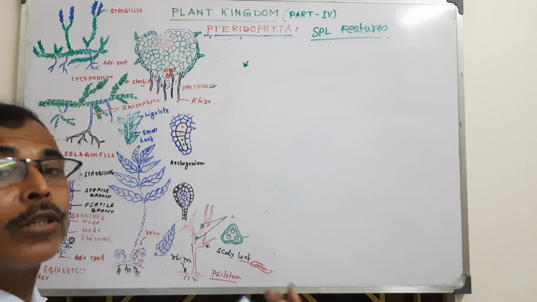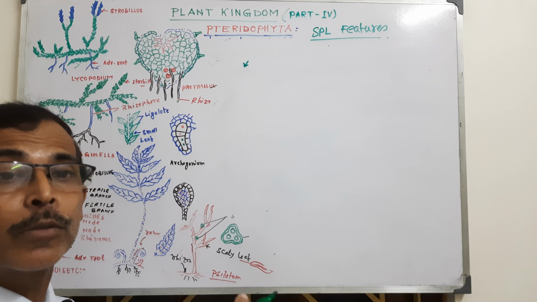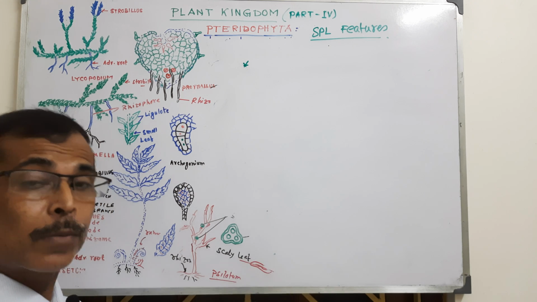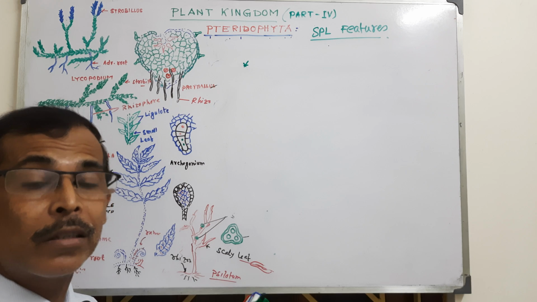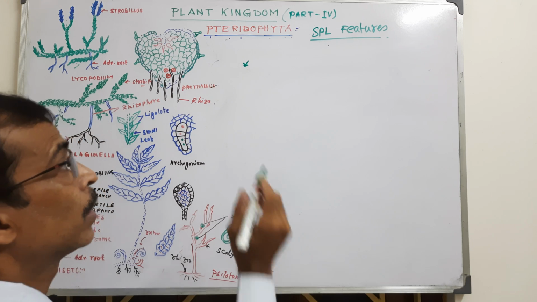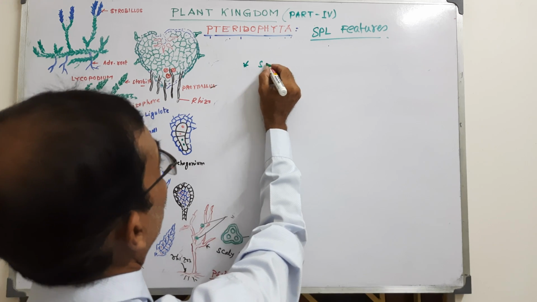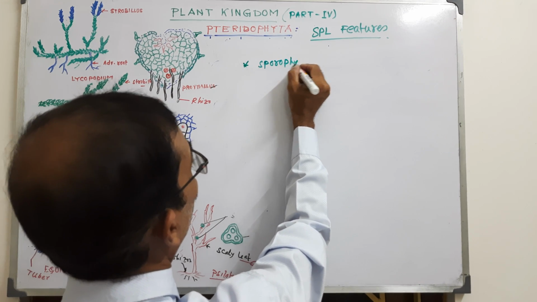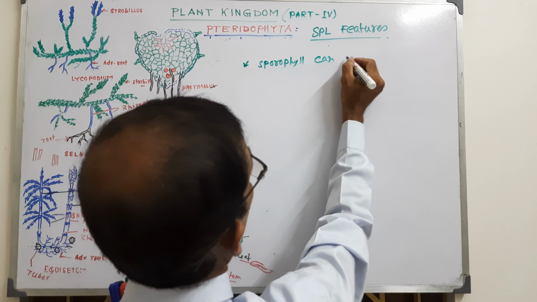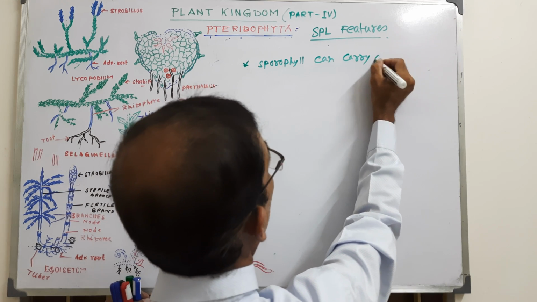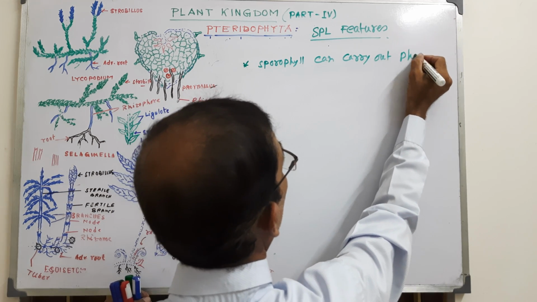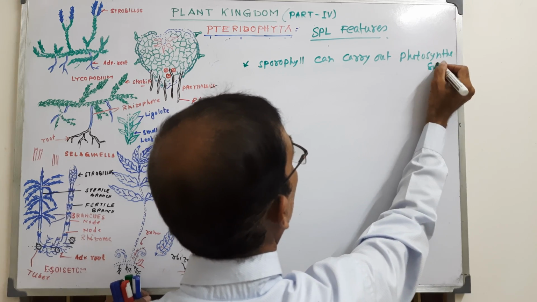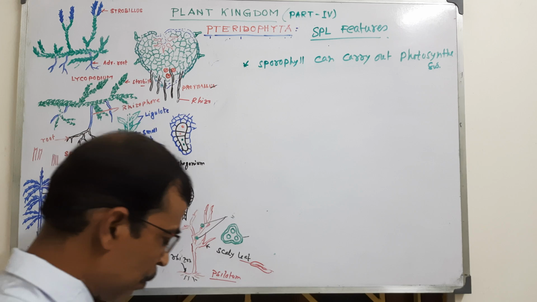In gymnosperm we will see that the microsporophyll and megasporophyll, that is microsporangia bearing leaf or megasporangia bearing leaf, can't do photosynthesis. But here sporophyll can carry out photosynthesis. This is the last special point.